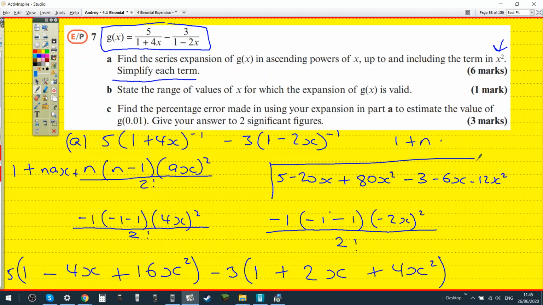So should I now simplify that more? Do 5 minus 3, so 2, 2 minus 26x plus 68x squared.